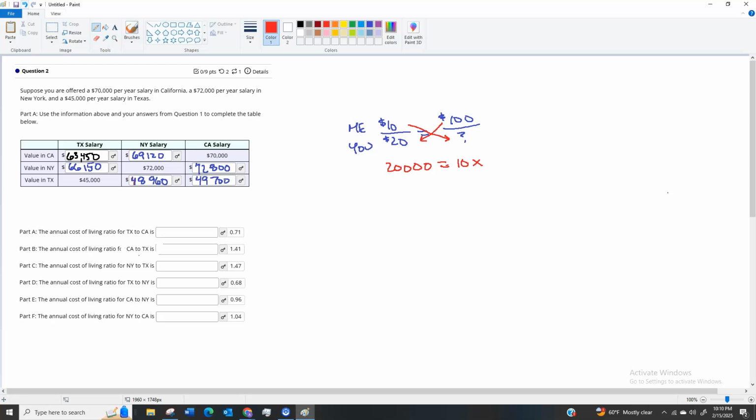Okay, so let's do it with the states here. If we're going to do this first column, remember we had Texas and we were trying to get to California. So we're starting with Texas at 45,000 and we want to get to California.